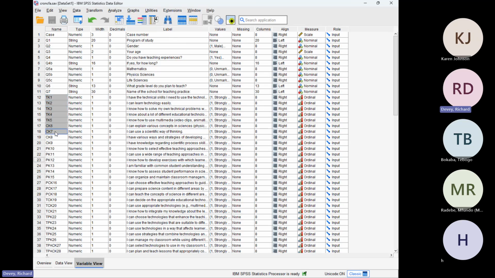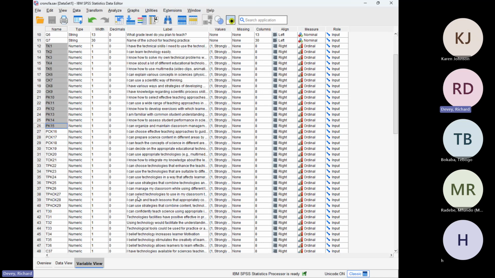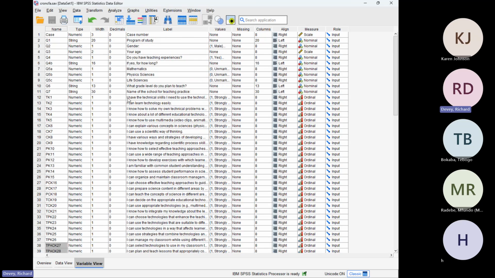So the T, C, and P are for technical, conceptual, and pedagogical knowledge, and that influences how a person uses technology in the classroom. Obviously, if they've got higher technological knowledge, they might be more likely to use technology. So that's what the model does. The technical knowledge component is made up of 5 statements. I have technical skills. I can learn technology easily.